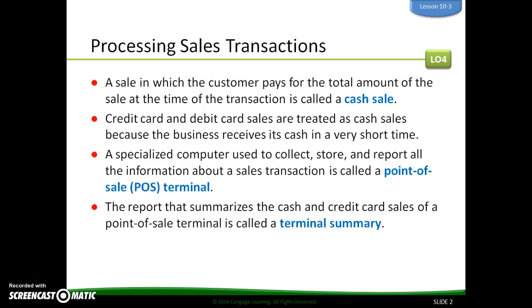Now, what I'll tell you is that most businesses generate these summaries on a daily basis. One thing to think about is that those POS systems are so fantastic because you can generate lots of different types of reports. You could do it by sales clerk, so you can see who's most efficient or who's processing the most transactions.